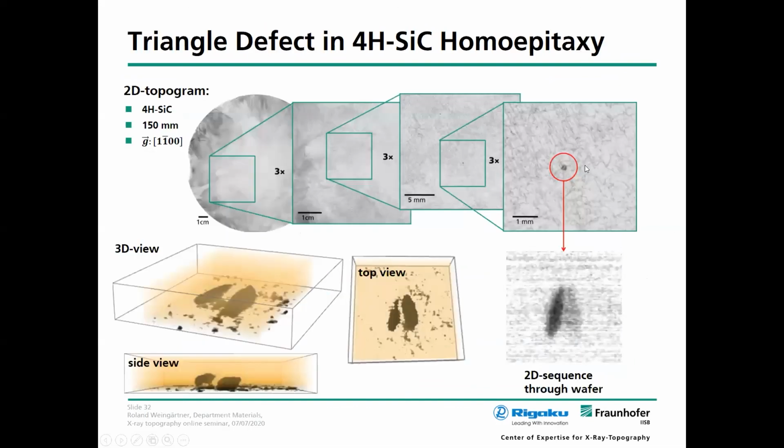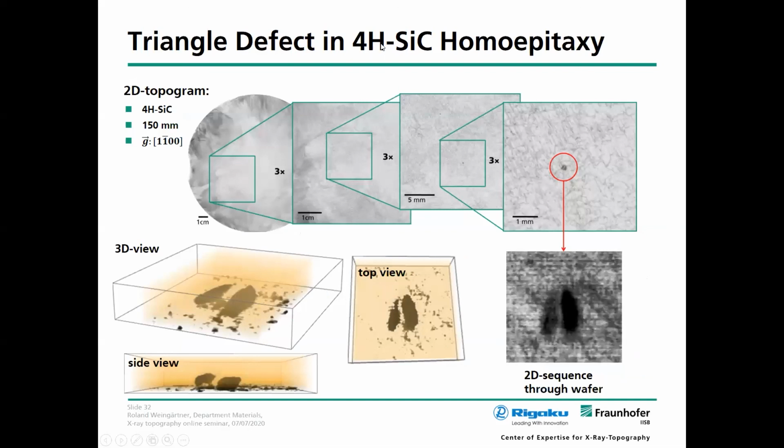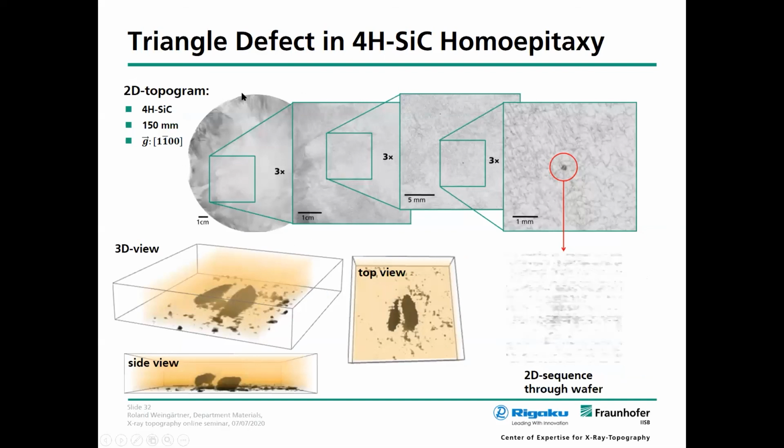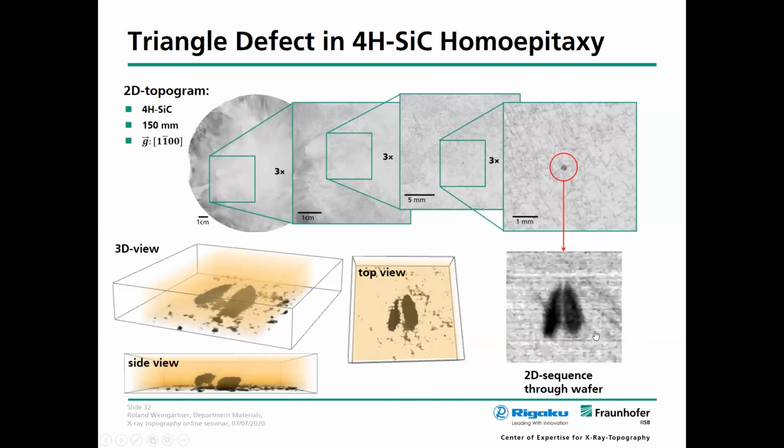Now, you can, of course, make a three-dimensional modeling. I also would show you this. So the process would be you make a map first of your wafer, a transmission scan typically. Then you look at some area of interest to make an enlargement until you see something interesting. For instance, this triangle defect, and you say, okay, this I want to see better. Then you make here a section topography, and this is what you see here below.